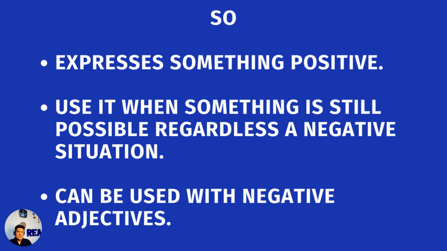I will wait a moment, and after it will be okay, so I can eat it. But if you say too hot, it means that it's more than normal. It's excessively hot, and there's no way to eat it. So I hope you get it. That's the difference. Sometimes so and too can be interchangeable with some adjectives. I will show you in a moment, but they change the meaning radically.